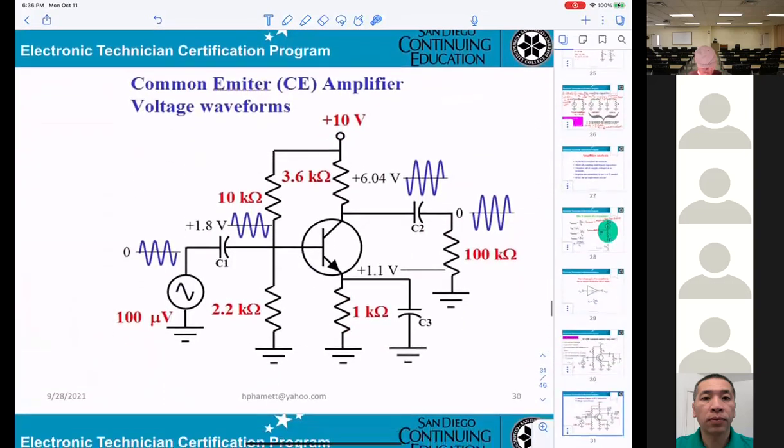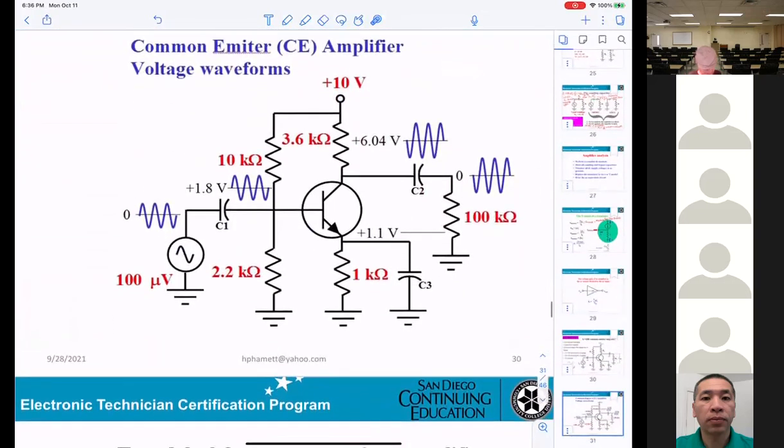Now we'll see what technicians really need to know. On this one here, you can see 10 volt DC, 3.6K, 2.2K. Now you can calculate the voltage divider.